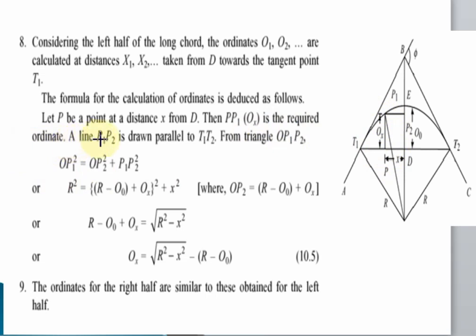A line P1P2, this is P1 and this line is P2, is drawn parallel to T1T2, from the triangle OP1P2.